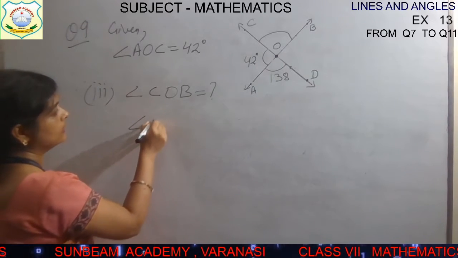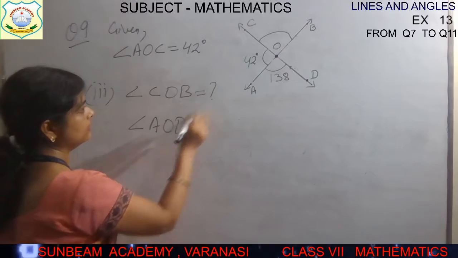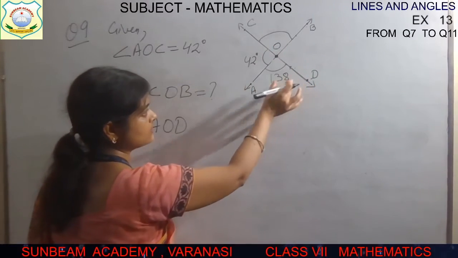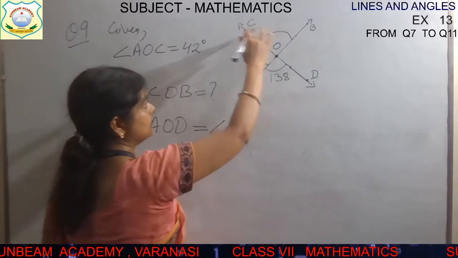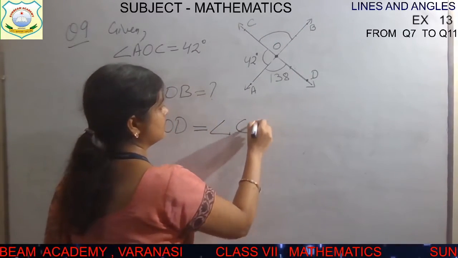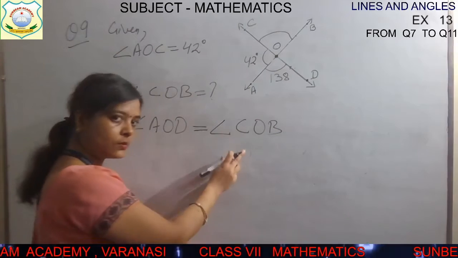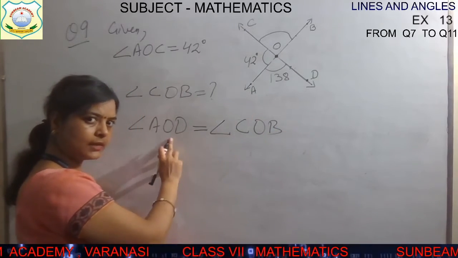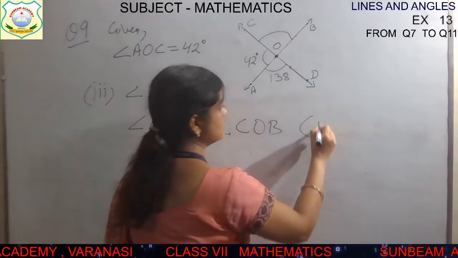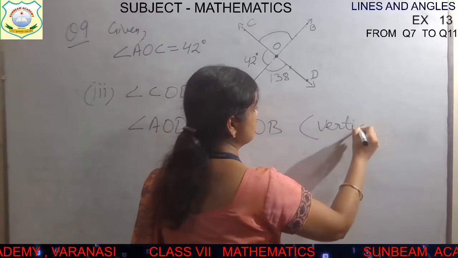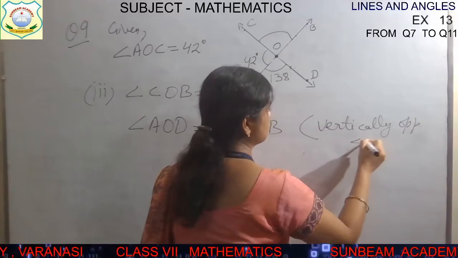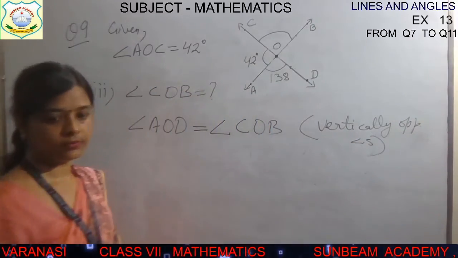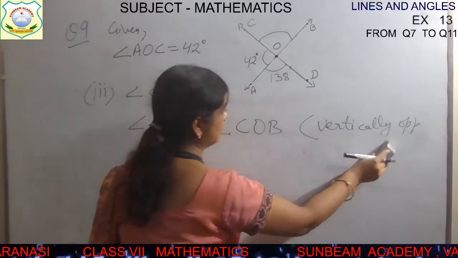That angle AOD, this one children, angle AOD is equal to angle COB. Now why is it equal? Write the reason. Why is this angle equal to that? So the reason is vertically opposite angles. Write this. Write down the whole.